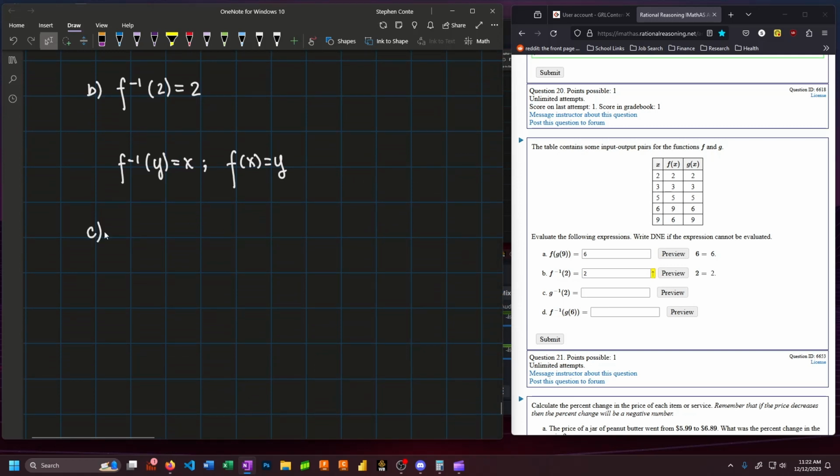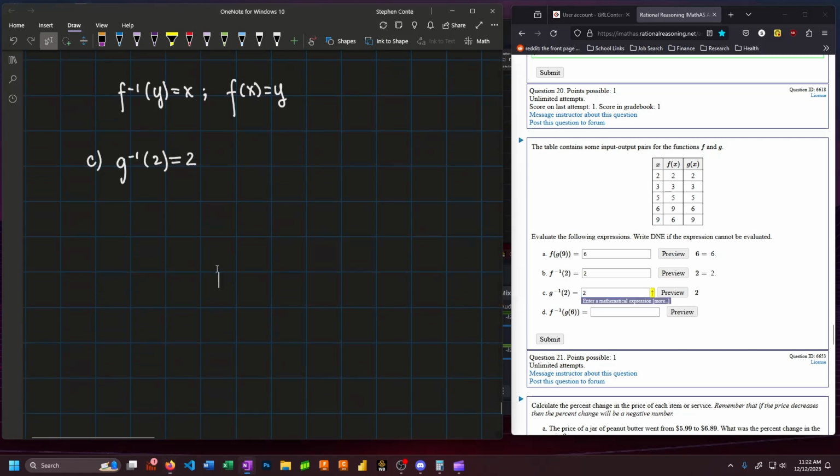For C, g inverse of 2, by the same argument, we're going to look here at g of x, which equals 2 here, and that's the only point where g of x equals 2, and that also occurs at x equals 2. Now for D, we're going to do f inverse of g of 6.